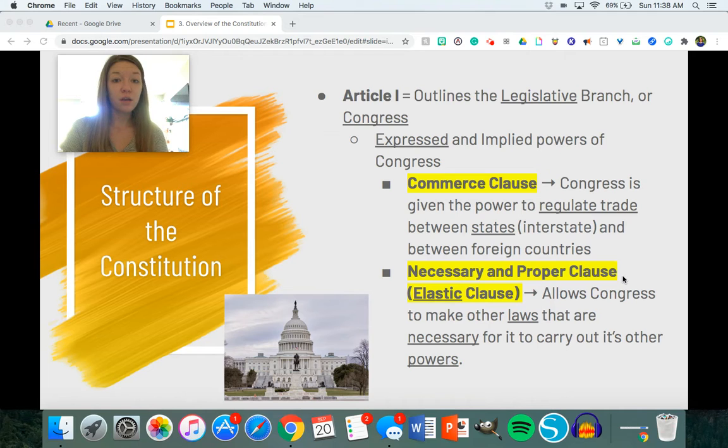And that's very broad. It doesn't list anything specific, but what this does is it says, look, we know Congress is probably going to have to make laws that are not listed here. We can't list all of them. So let's add this one at the end and say, if it's necessary to carry out its other powers, Congress can make a law to do it.